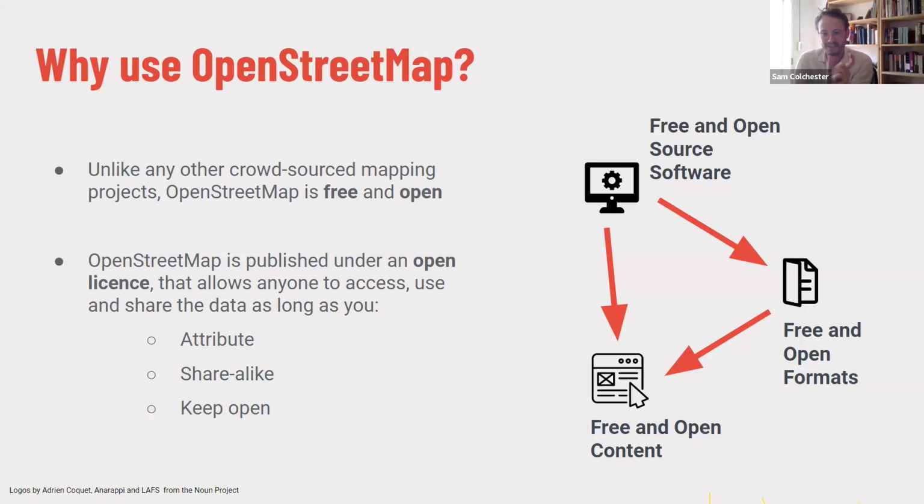There has to be a little footer saying uses OpenStreetMap data. You must share alike, which means that if you take OpenStreetMap data and you adapt the data, you must also offer that adapted data under the same license. So you must also offer that adapted data for free. And you must also keep the data that you use open. Okay.